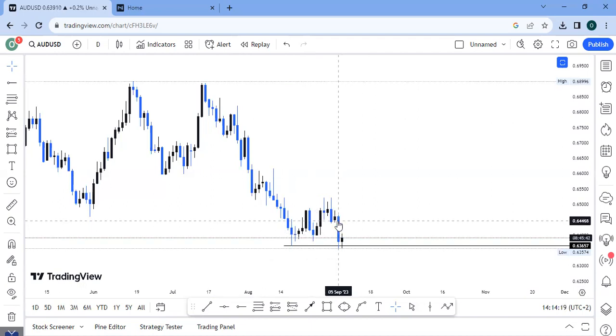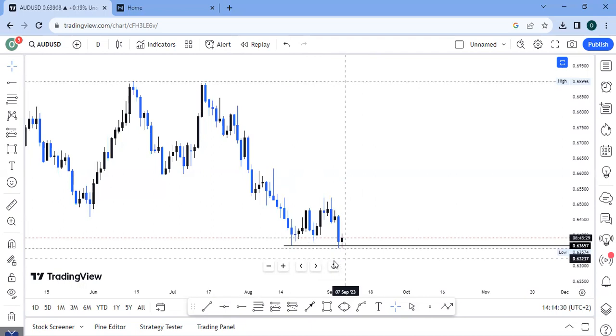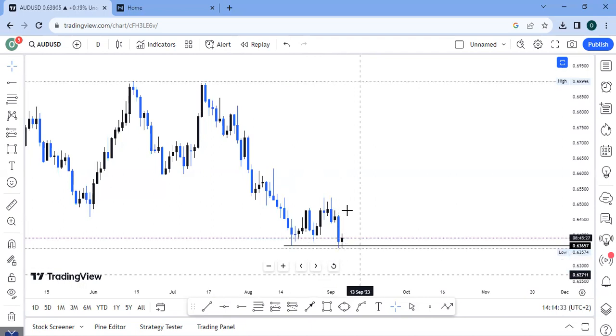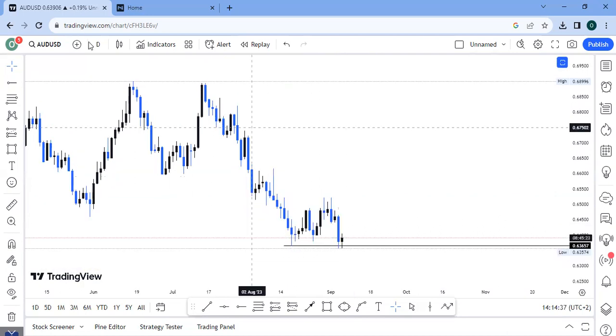But on the 5th of September, price did create this lower low, right? I don't think that price will trade below this low and continue making its way down. I just simply do not believe that, right?